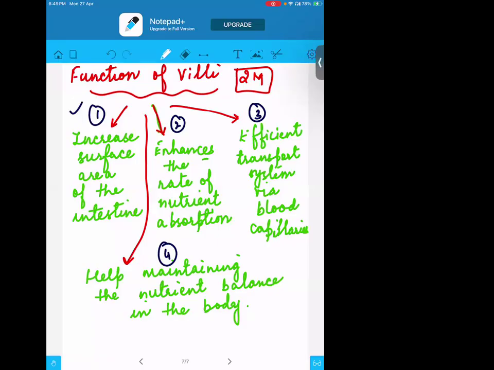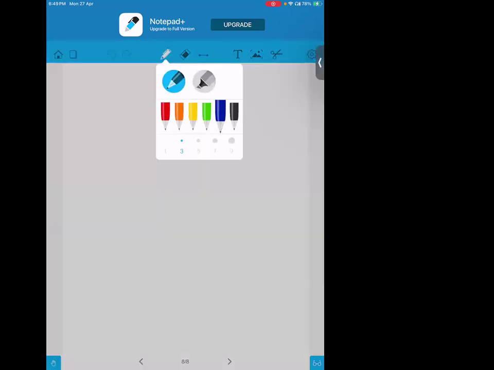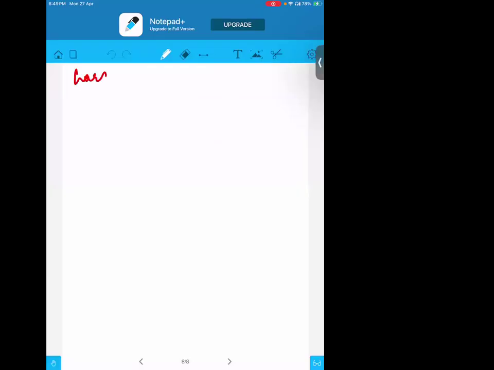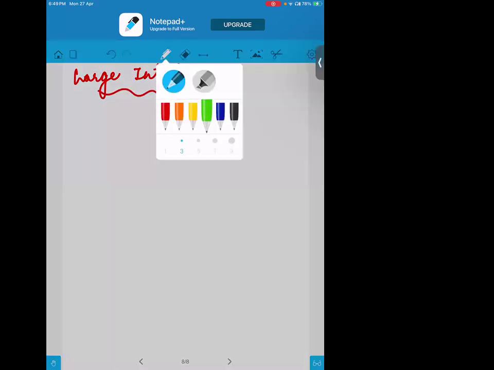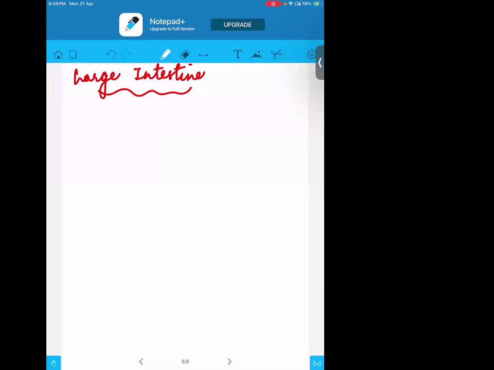Yes, ma'am. Okay. Now, the last topic of this nutrition is the large intestine. When we talk about the large intestine, as already said, though the name is large, it is not because of the length, it is about the width of it. So large intestine is the last part of the digestive system.